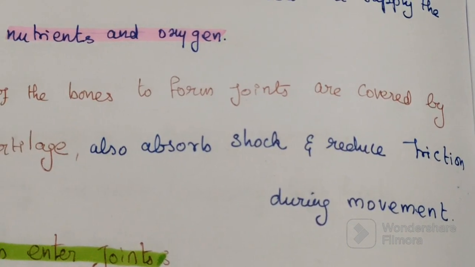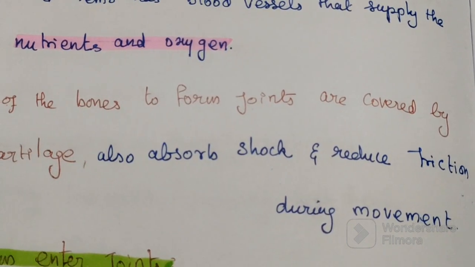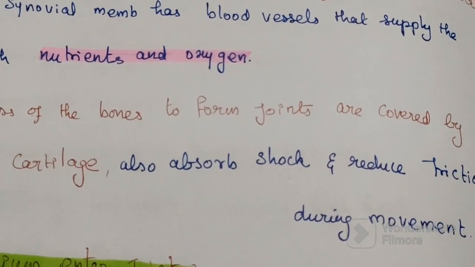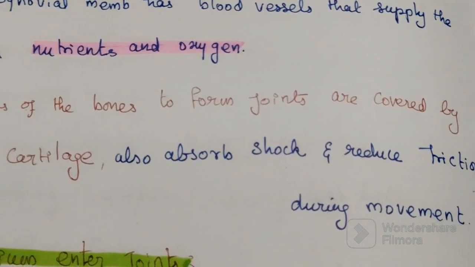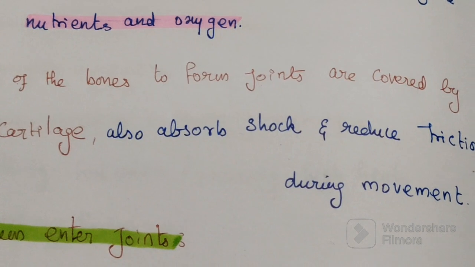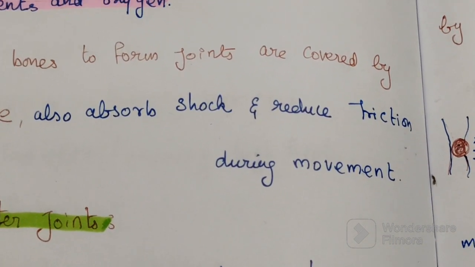So the tips of the bones that come together to form joints are covered by articular cartilage. It can also absorb shock and reduce friction during movement.